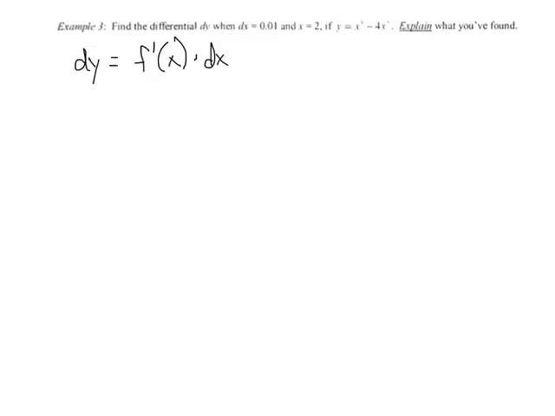I'm going to say that this is really like f of x, the function that we're dealing with. So f prime of x would equal 5x to the fourth minus 12x squared. And I'm interested in what's going to happen when x is 2.